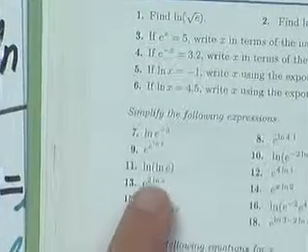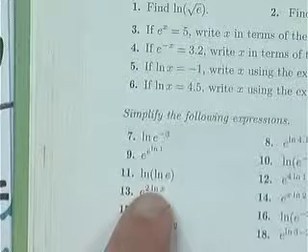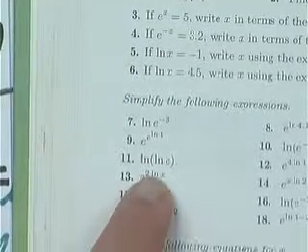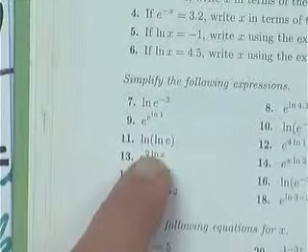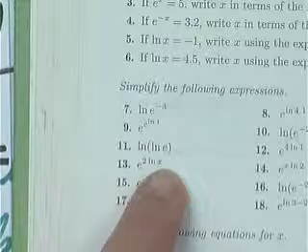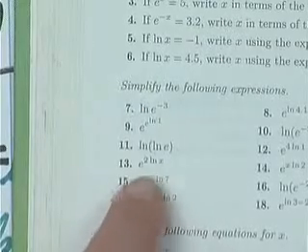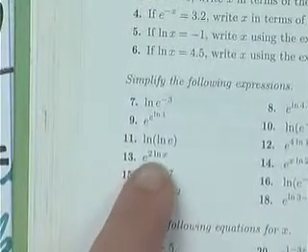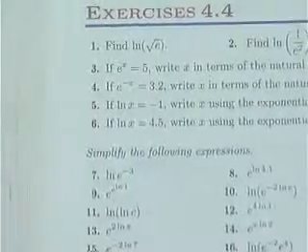Okay, in number 13, I'm going to have to use one of my little properties of logarithms before I simplify that. That 2 in front of the natural log of x, using a property of logarithms, where else can I put that little 2? Let me write that down because it might be hard to see what I'm talking about.